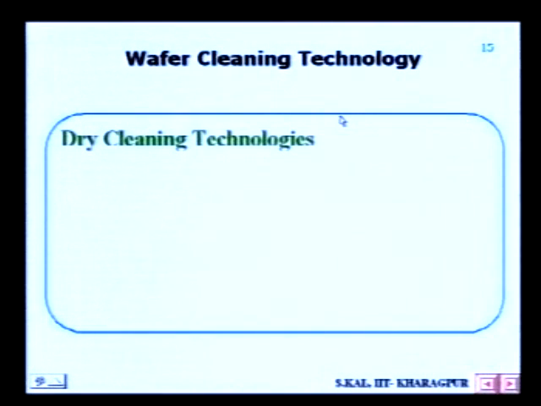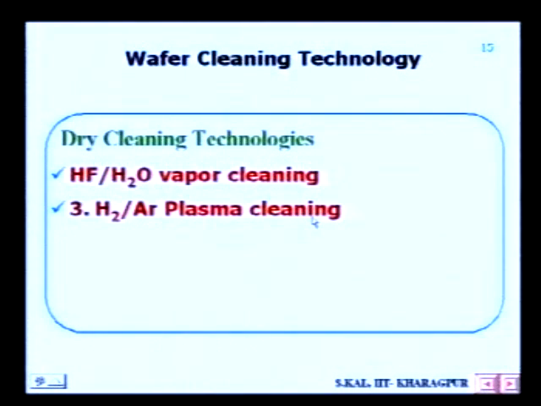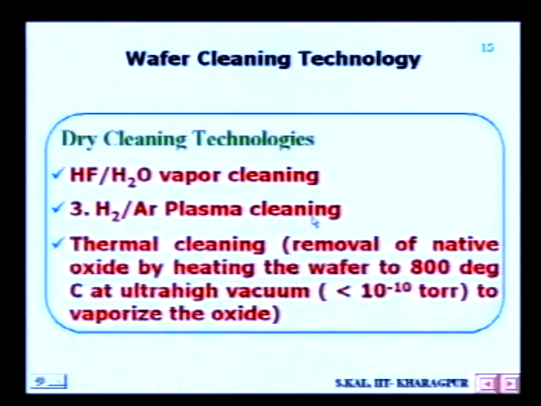This added energy may be plasma, particle beam, short wavelength radiation, or thermal heating, which enhances the surface cleaning result but must avoid the side effect of damage to the wafer. Recently, many dry cleaning processes have been developed, which are hydrofluoric acid H2O vapor cleaning, ultraviolet ozone cleaning, hydrogen argon plasma cleaning, and thermal cleaning.